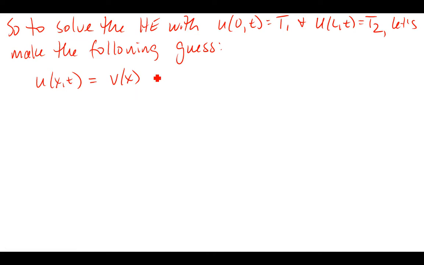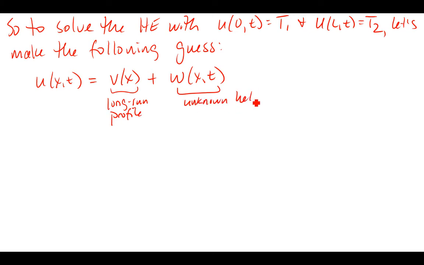So let's allow ourselves to have maybe some other piece. We'll use W since that's in the right vicinity of the alphabet. So let's make the following guess: that U, a solution, is made up of the long run profile plus an unknown helper.